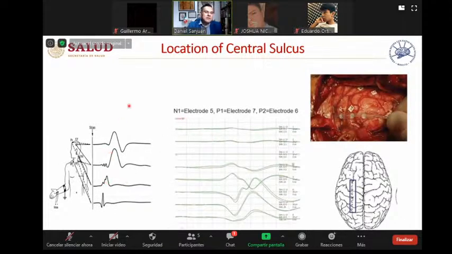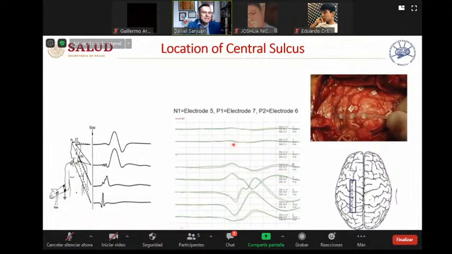To start with the localization of the central sulcus, we use somatosensory evoked potentials, stimulating one side and capturing the signal in the other side, because usually the patient is operated on one side, not bilateral, but of course it's possible. If it's this situation, maybe we need to implement bilateral stimulation.